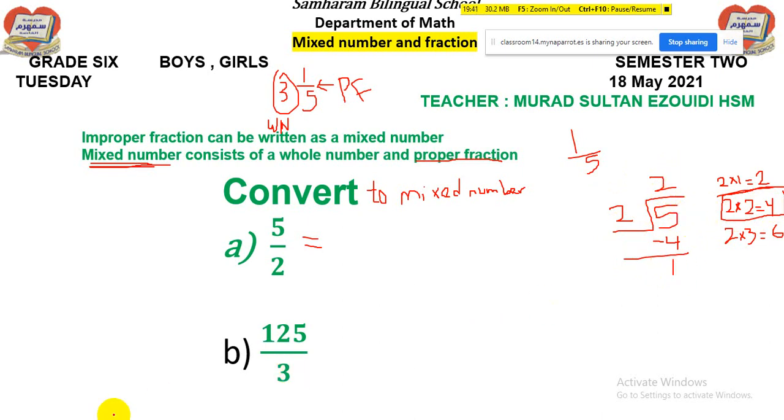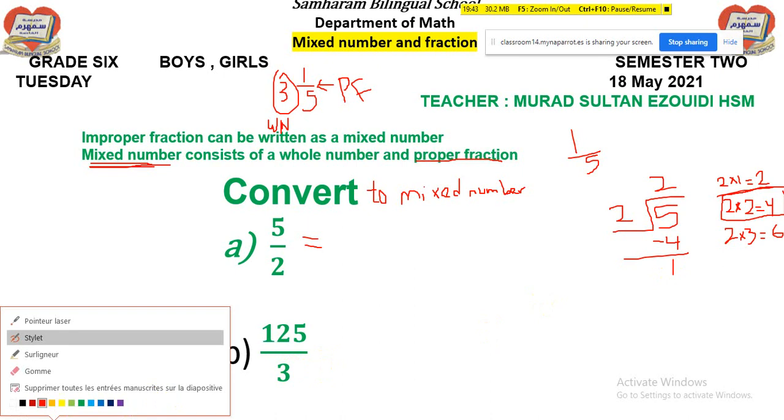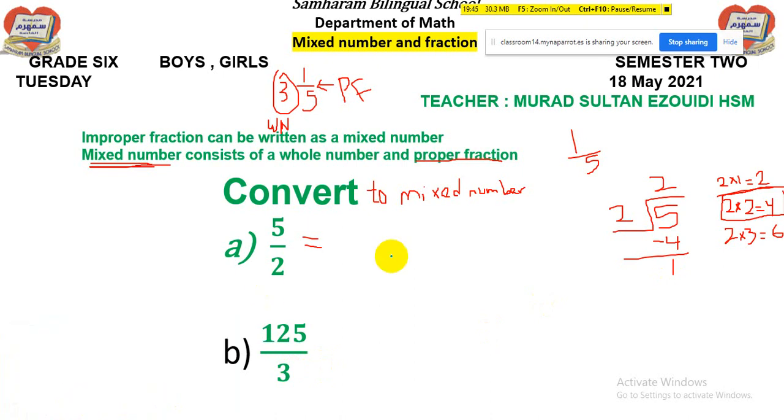I will change the color to make this clear for you. Okay, this is the divisor, this is the quotient, this is the dividend, and this is the remainder. 1 is the remainder. Clear?